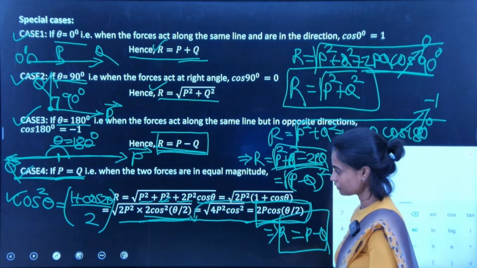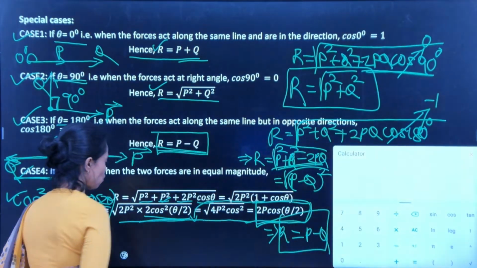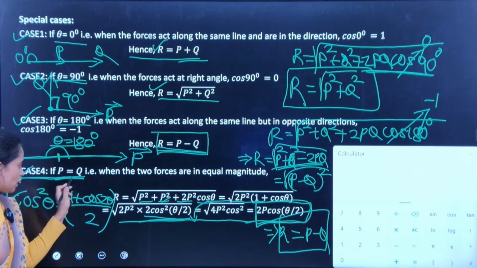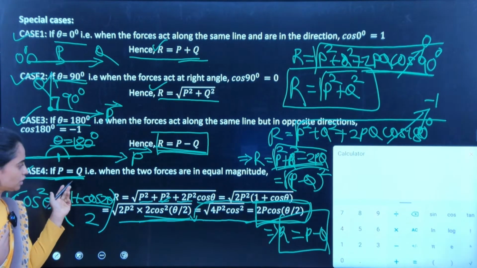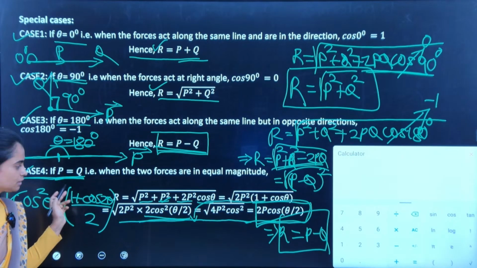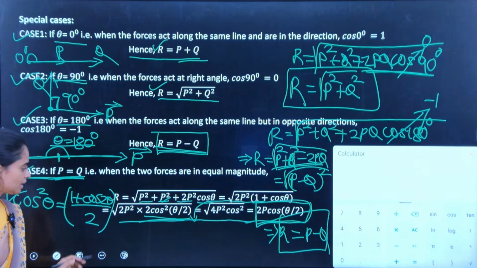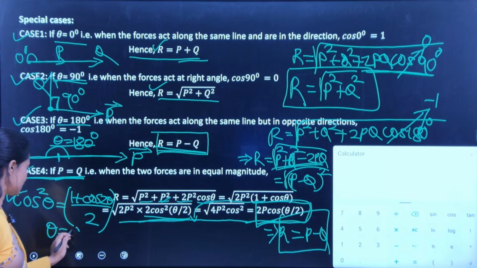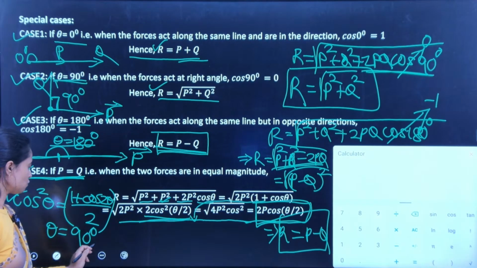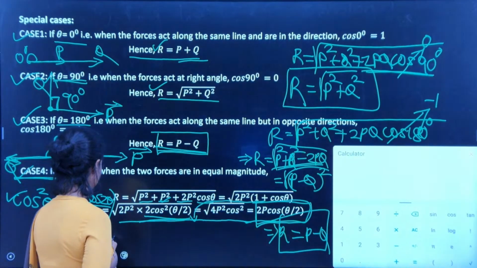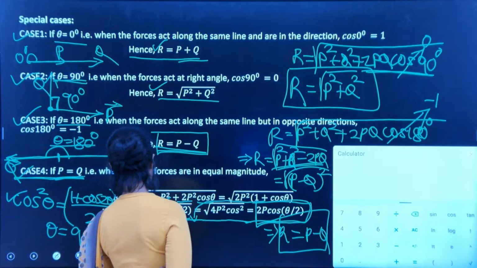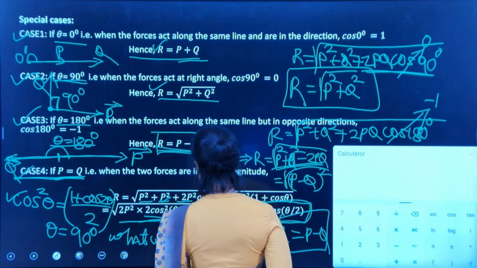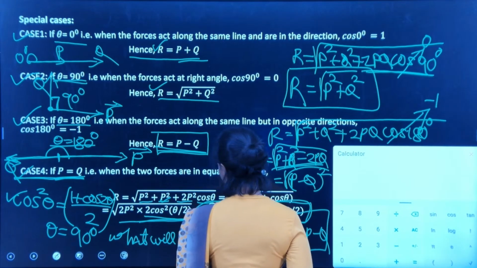And along with this, I am going to give you one homework, right? Suppose P and Q both are equal, the magnitude of P and Q are equal, and along with that, theta is 90 degree, then what will be R?